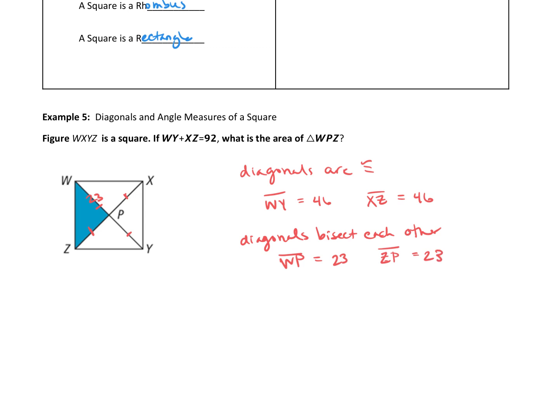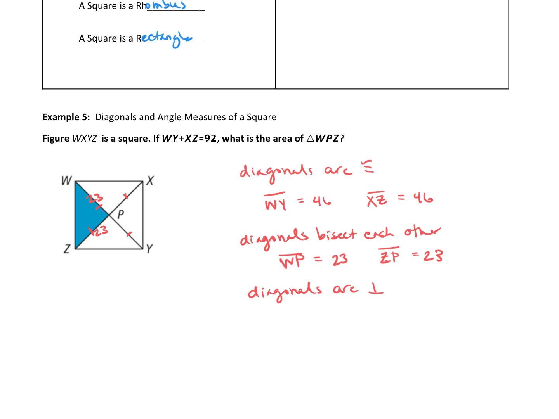I'm focusing on these two sides because those are two sides of the triangle we are asked to find the area of. Okay, well, what else do we know? We also know that in a square, the diagonals are perpendicular. That means that we have right angles.